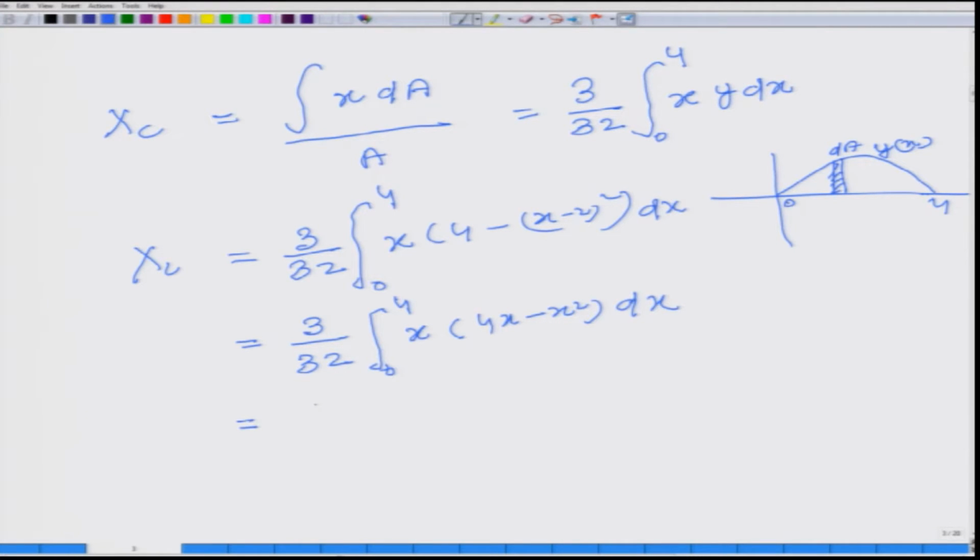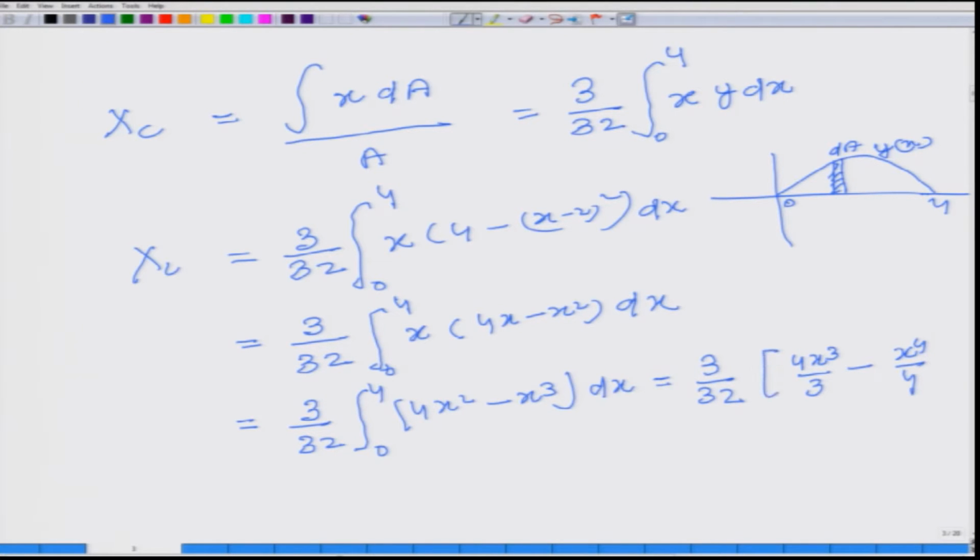So, this is 3 by 32 times the integral from 0 to 4 of (4x square minus x cube) dx. After integration we will get 4x cube by 3 minus x to the power 4 by 4, in limits 0 to 4.